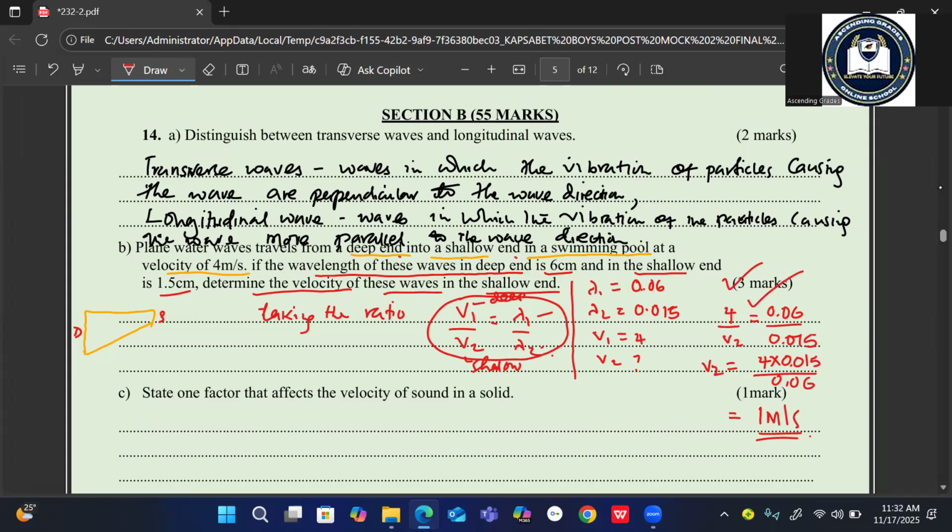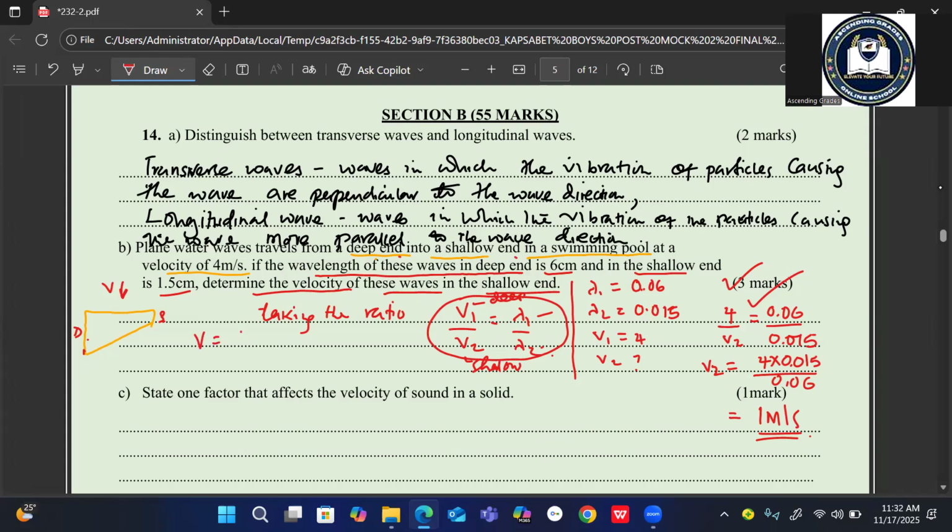So now, let's look at what varies. When it is moving from the deep to the shallow, we can see that the velocity is decreasing. The wavelength is also decreasing.